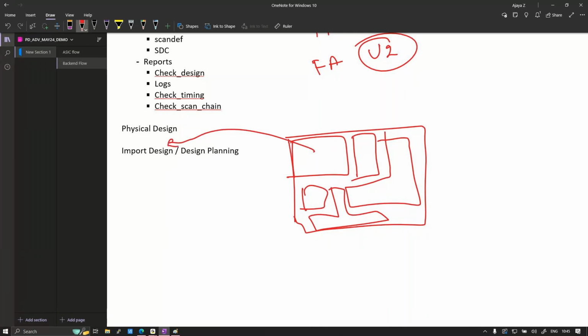The block level designer will not have authority to modify it. Whatever the SOC person gives, I have to utilize that area effectively. That's the difference between SOC level and block level designer. SOC is the chip level designer, and block level designer works on individual divided blocks.